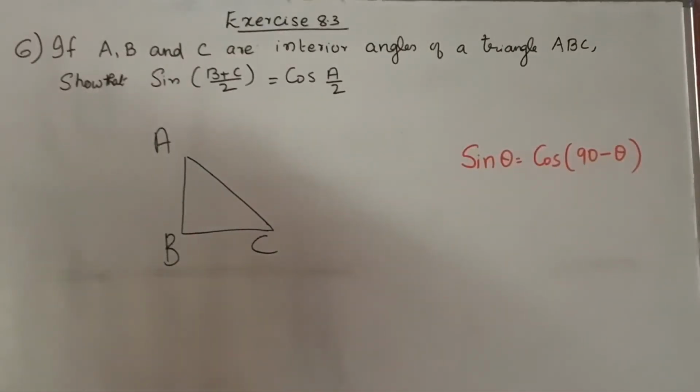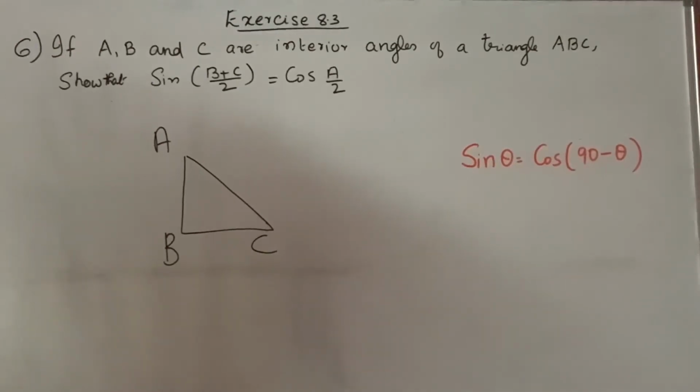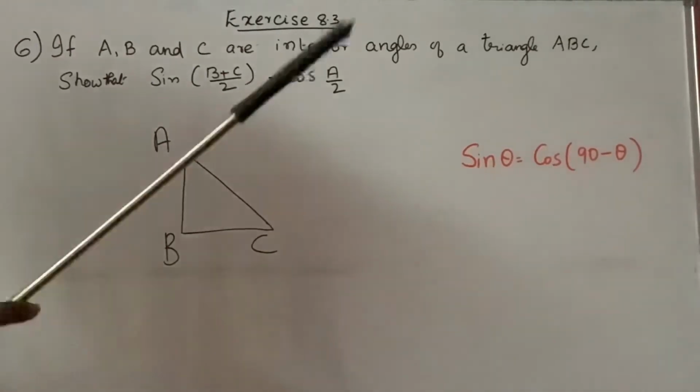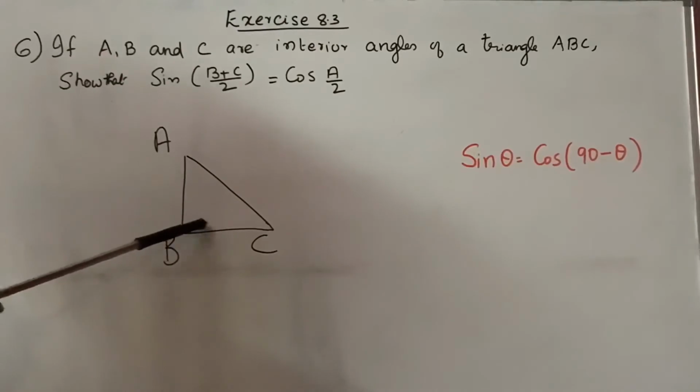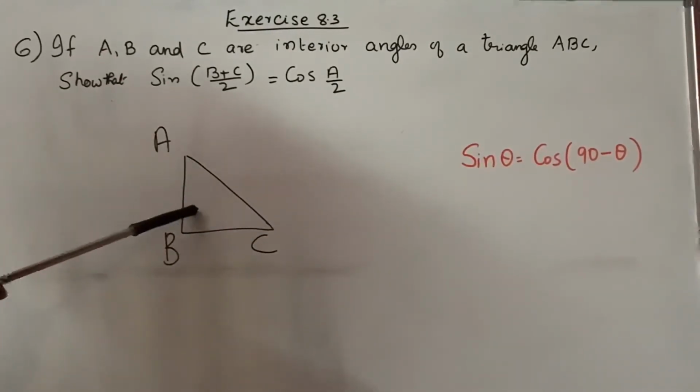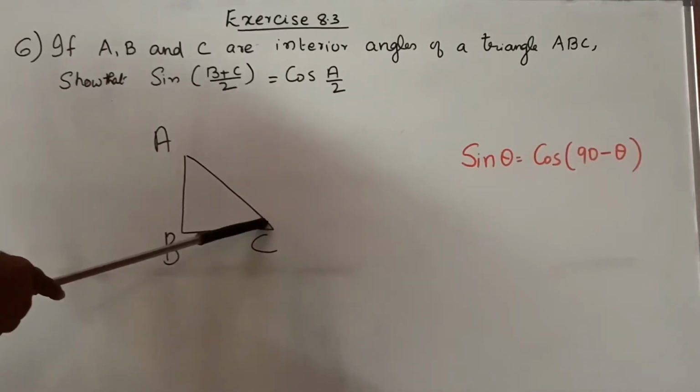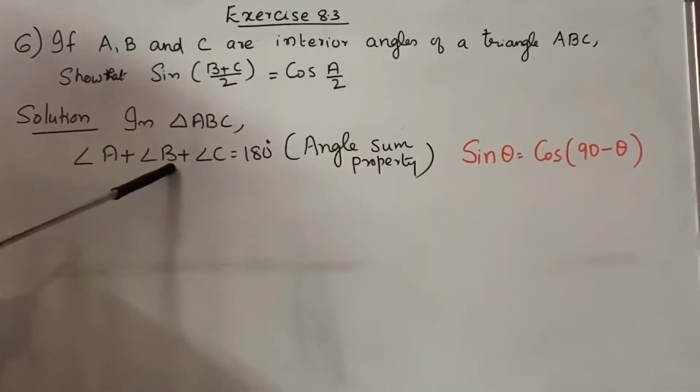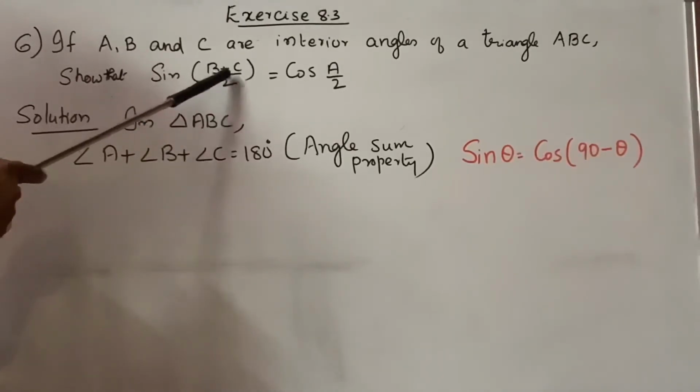Question number 6. If A, B and C are interior angles of a triangle ABC, show that sine of B plus C by 2 is equal to cos of A by 2. See, we know that in a triangle ABC, the sum of angles of a triangle is 180 degree. So, angle A plus angle B plus angle C is equal to 180 degree. Now find out B plus C from this expression. Because we want sine of B plus C by 2.